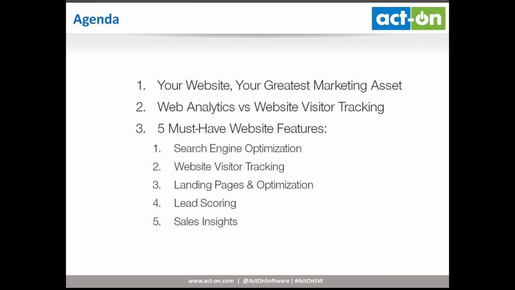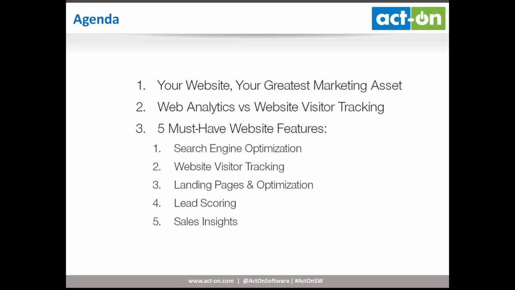Before we get into what Act On brings to the table, I think it's important for us to touch on a key differentiator between gleaning website analytics and actually tracking visitors that are coming to your website. We'll talk about the difference between those two.